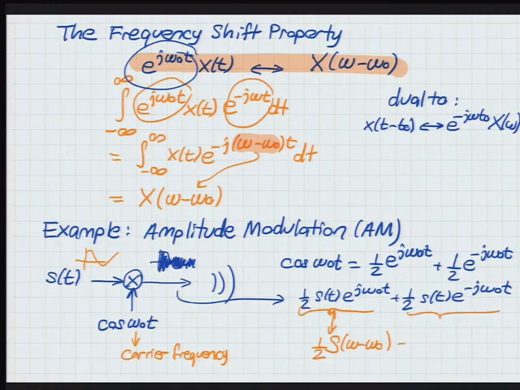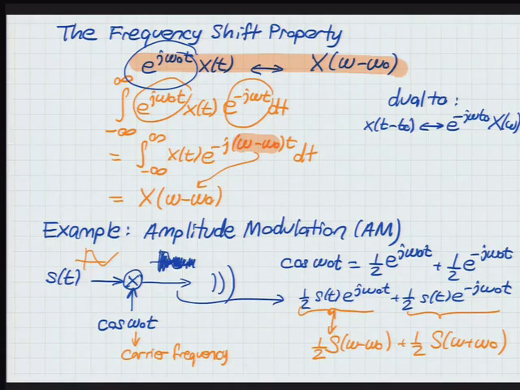It has another 1/2, and S of omega plus omega naught, right? So basically what happened to the spectrum, to the Fourier transform? If I say spectrum, that means the Fourier transform. What happened to the Fourier transform of S is that I took it, shifted it to the right by omega naught, shifted it to the left by omega naught, and in the process it got divided by 2.